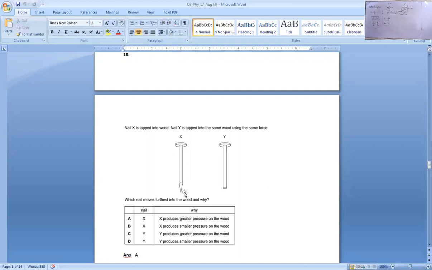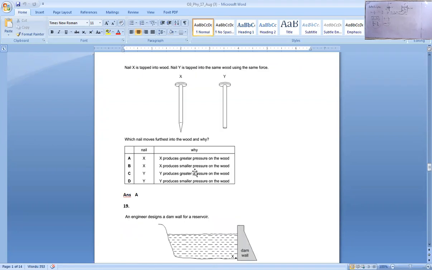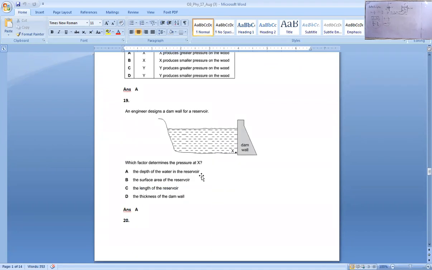Which nail moves furthest into the wood and why? So X will move furthest into the wood because X produces greater pressure on the wood. The option is A.